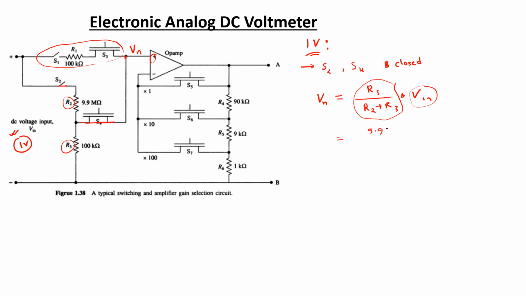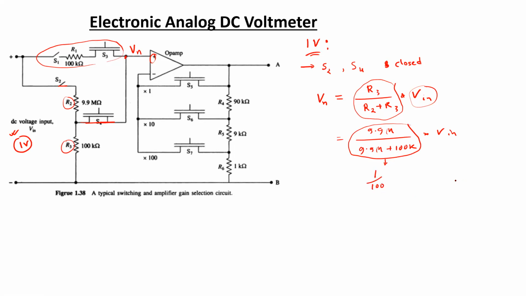So in this case it would be 9.9 mega ohms divided by 9.9 mega ohms plus 100 kilo ohms, multiplied by Vin. So this scaling down factor, or the attenuation factor, would eventually be 1 by 100.